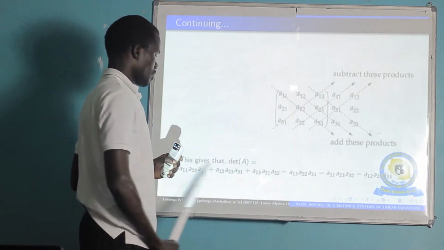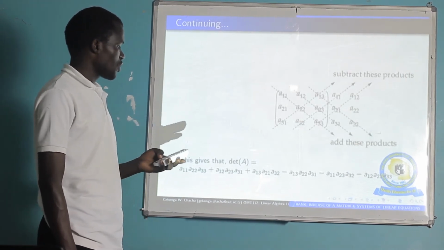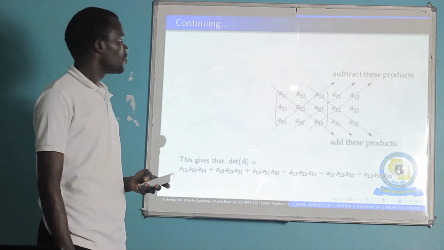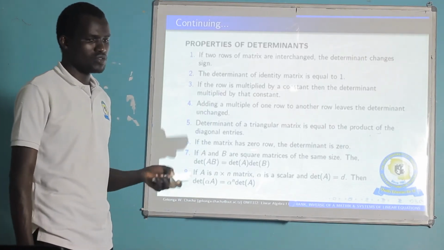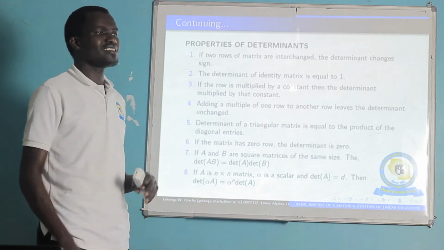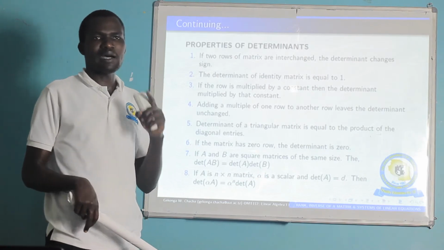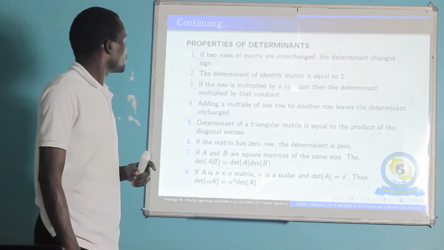This will give the determinant. So that's how we can find the determinant of a 3 by 3 matrix. We also see 4 by 4 and so on, but the determinant cannot be obtained unless the matrix is a square matrix.